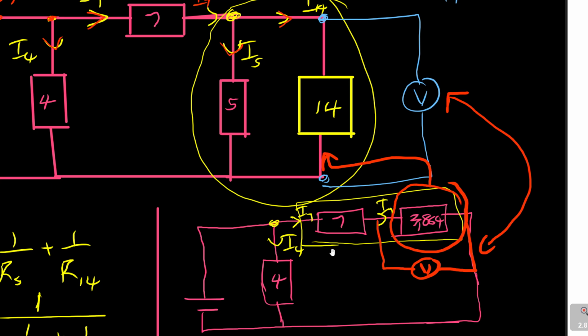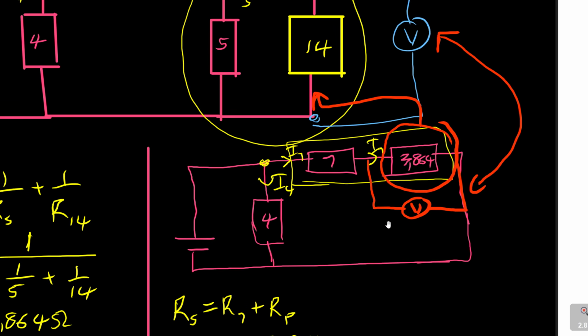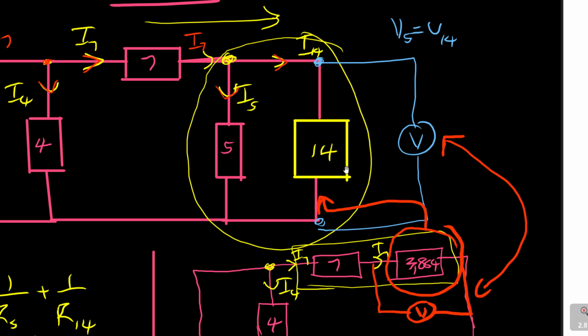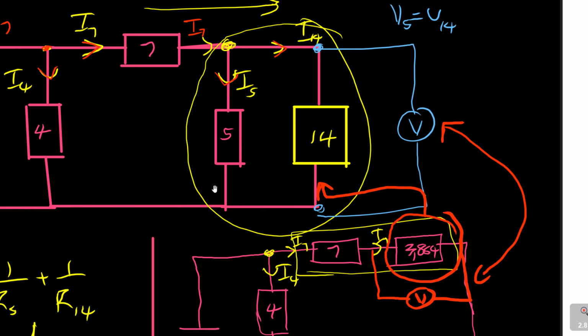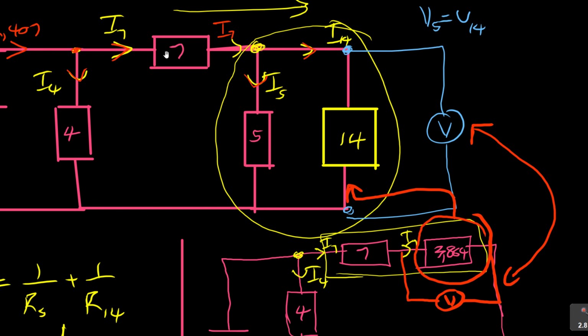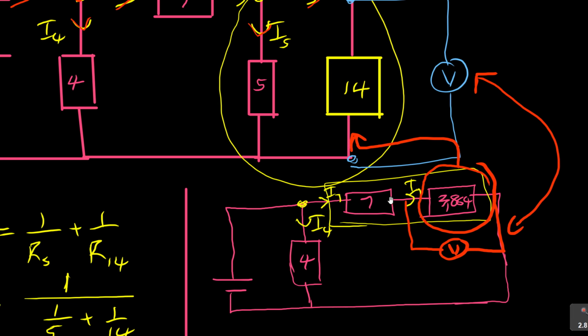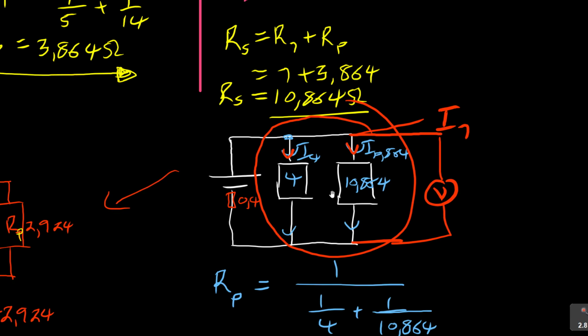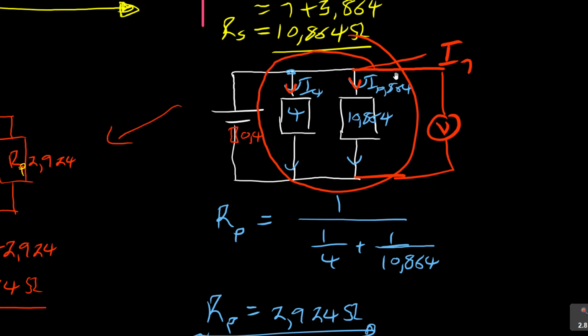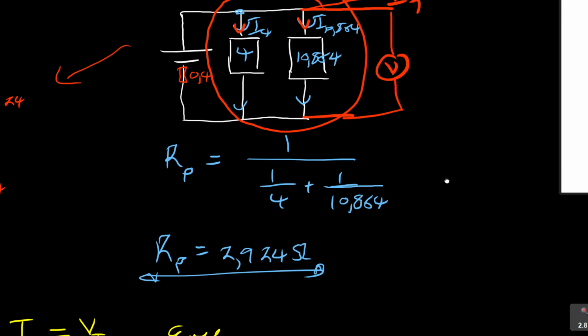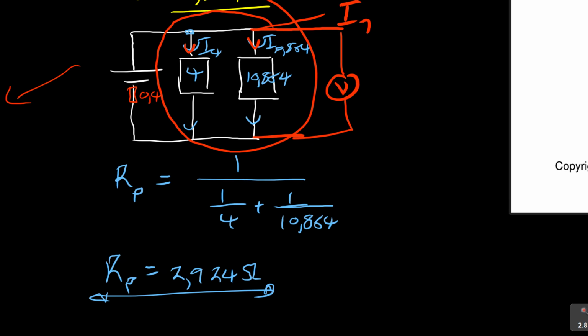So what I can do, I can focus on this diagram and say, all right, I know that my I7 here, remember the I7 that entered here, we can find it actually from here. Let's find out this I7. How do you find it out? You can use ratios like this.